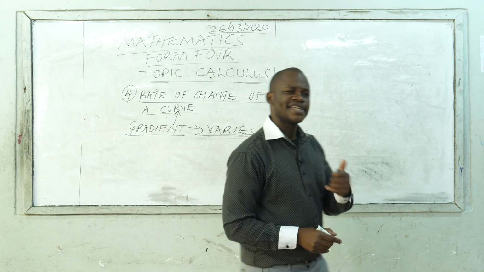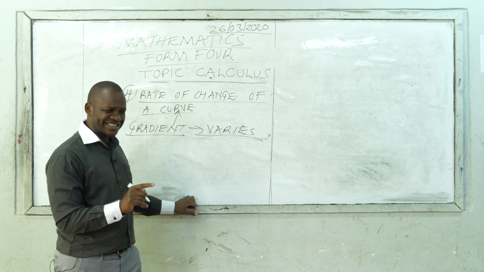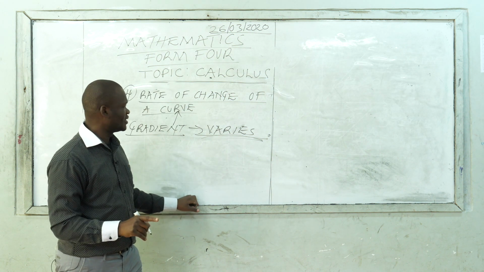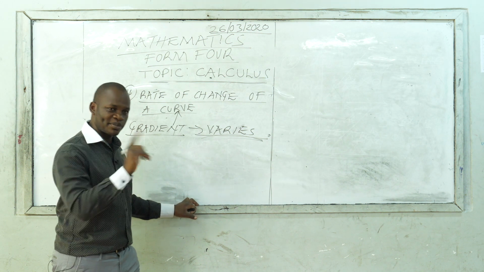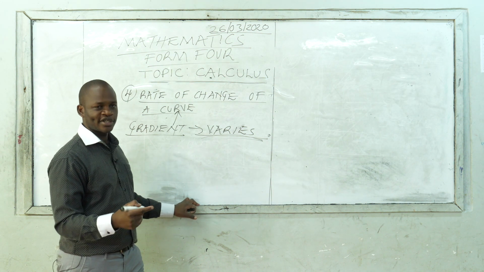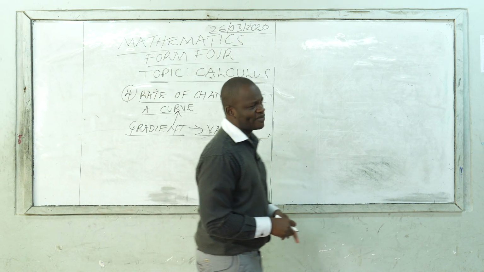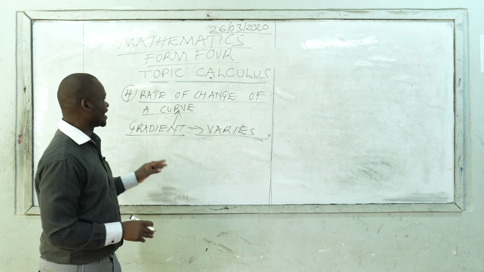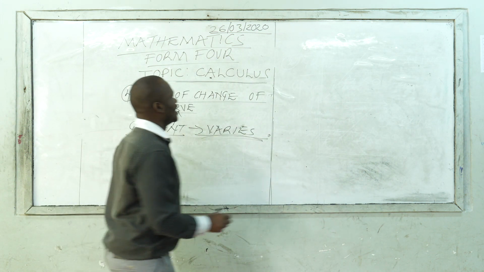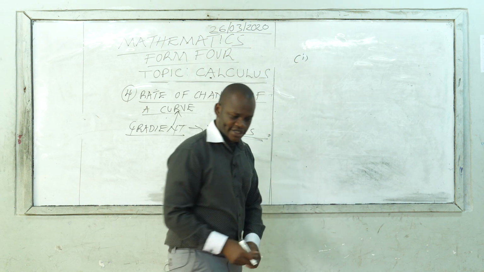Number one, in terms of the magnitude or size of the gradient, and number two, in terms of the sign it assumes, either positive or negative, or zero in some cases. So I will be able to give 4 variations in terms of the gradient of a curve. Now, this is the first variation.